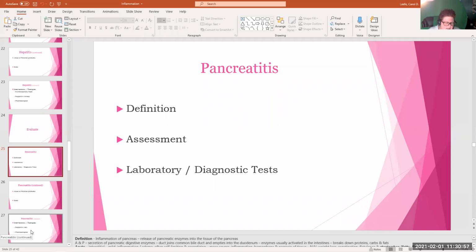Usually what you're going to see is the liver profile: the AST, the ALT, the ALP, the bilirubin, total protein, and albumin. So the main thing is worrying about the liver profile, because that's going to be indicative of the extent of the damage that's going on with the liver.